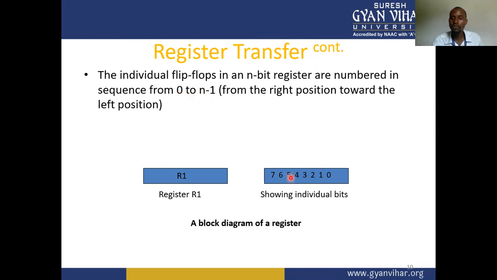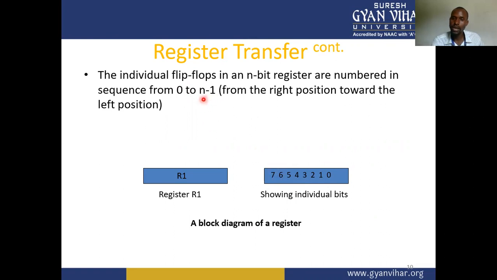For example, if we have an 8-bit register, that means if we are starting from 0, we should count 8 digits: 0, 1, 2, 3, 4, 5, 6, 7. Okay, so n minus 1 is just to help us understand that the sequence starts from 0, and since it is an 8-bit register, if we put 8 here, we'll be having 9 individual bits, which is very wrong.